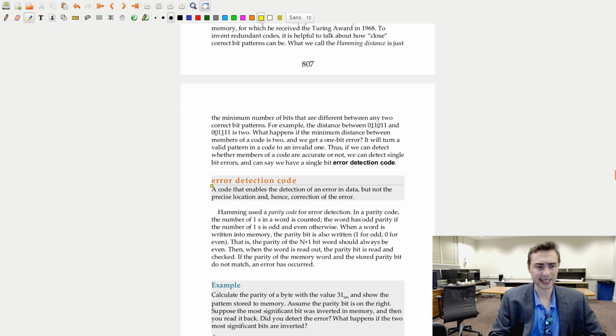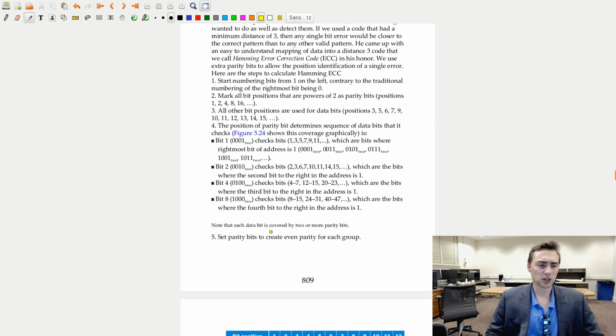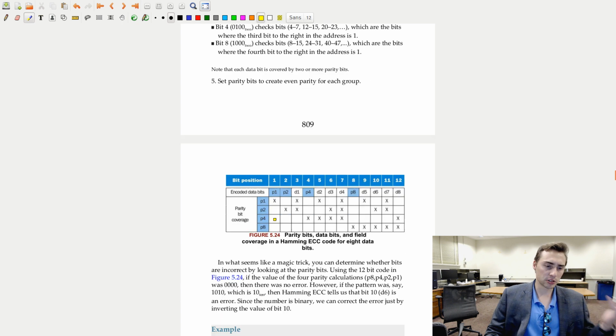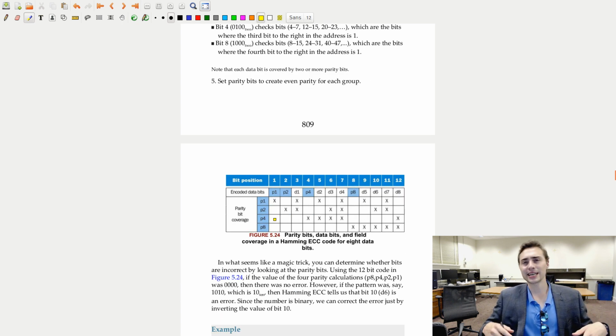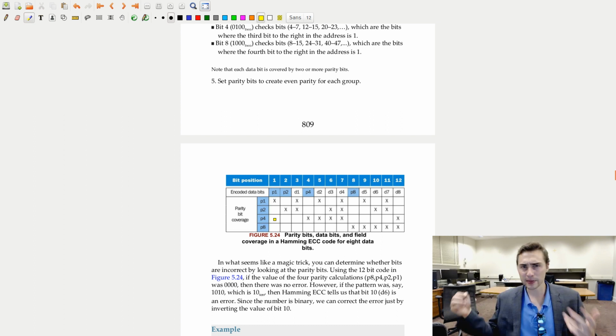So that's the idea of using some error detection code to see if something went wrong. We won't really go into error detection codes too much, or parity bits. It's not very interesting, but the idea is we use them in computers to see if something went wrong, and potentially, depending on what kind of code we're using, to recover from it.